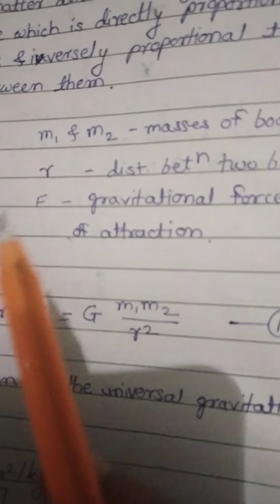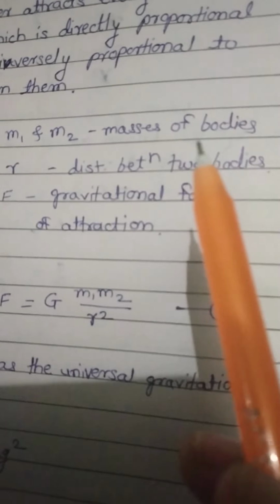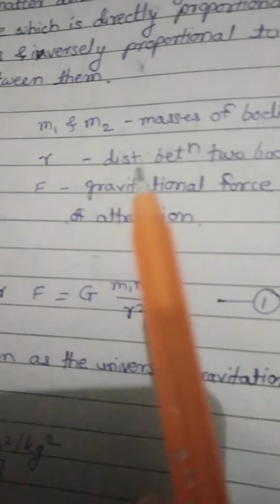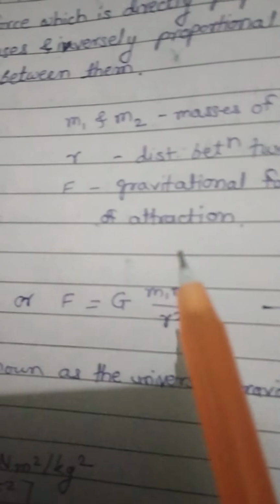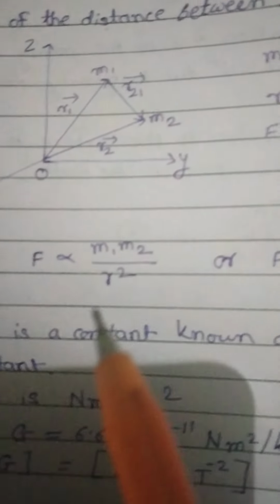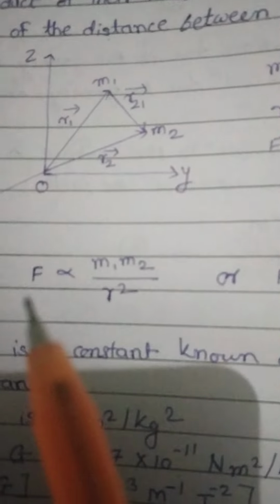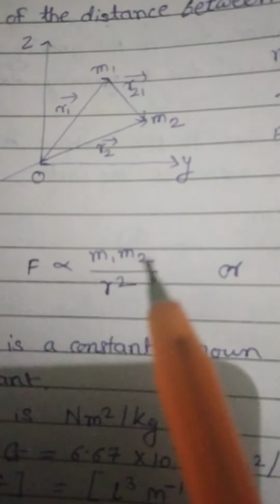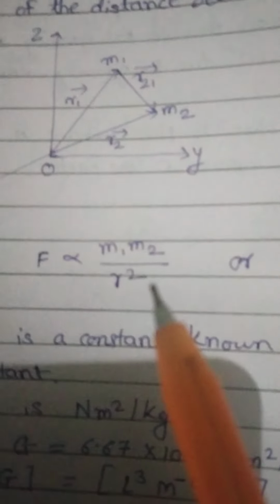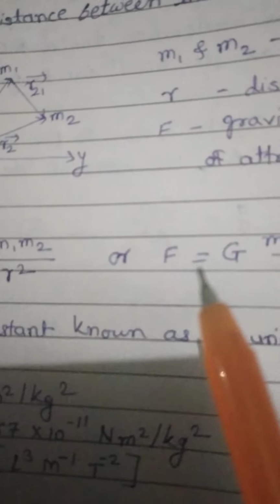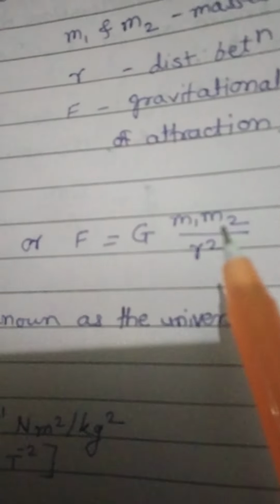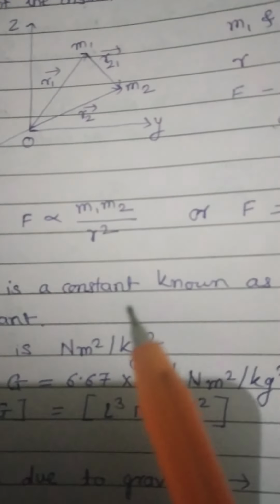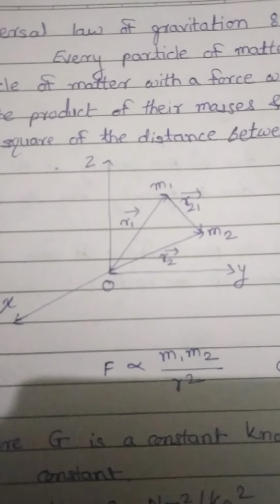So here m1 and m2 are the masses of the two bodies, r is the distance between the two bodies, and F is the gravitational force of attraction. So from the statement we can write the mathematical formula: F is directly proportional to m1 m2 upon r square, or F is equal to G m1 m2 upon r square, where G is a constant known as the universal gravitational constant.